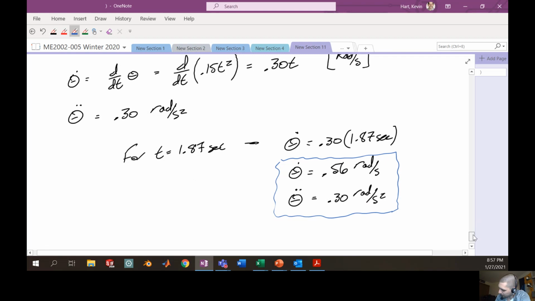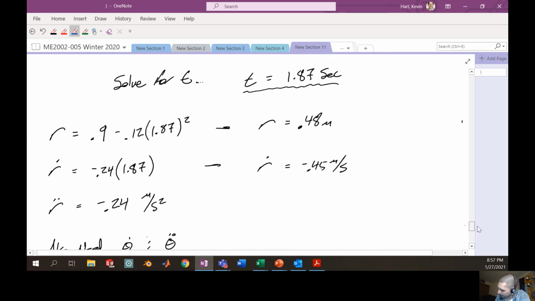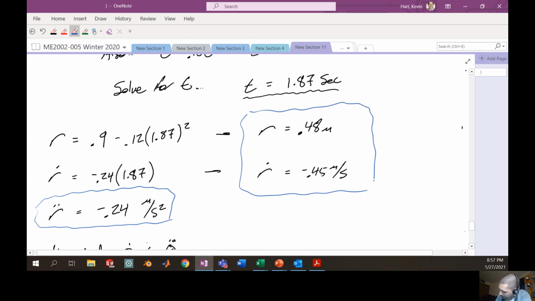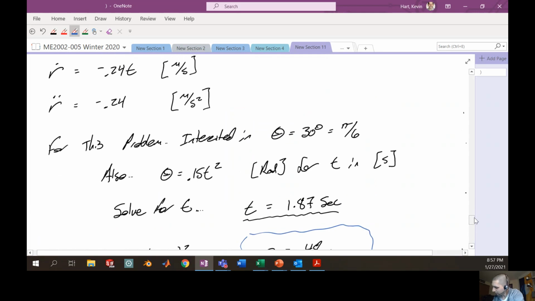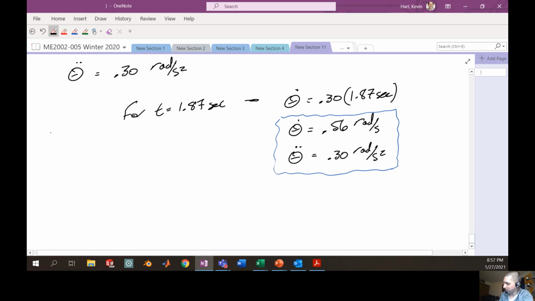So I have my theta double dot, my theta dot, and at this particular snapshot in time, what R double dot is, and what R and R dot are. And lastly, we know that the angle theta is 30 degrees at this snapshot in time. I have all of the pieces of information I need to go ahead and figure out my velocity and my acceleration at this particular snapshot in time.